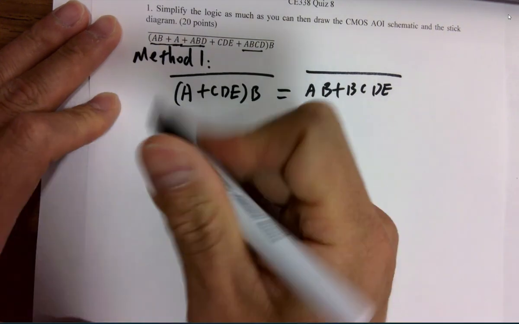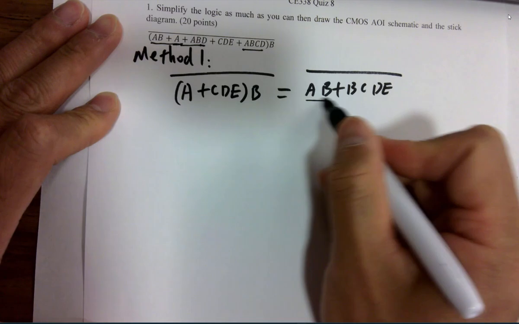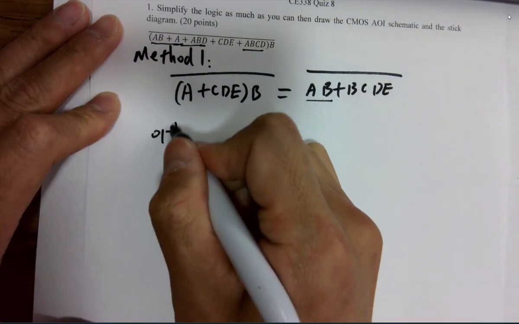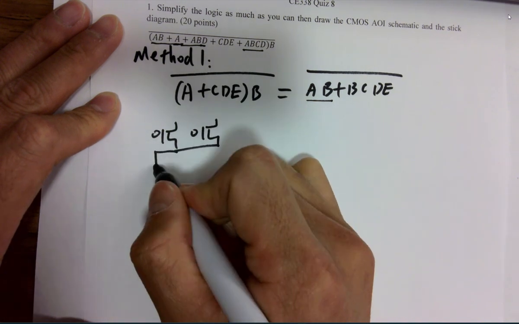But looking at this one, you can do A, so AB will be in parallel. And then you got 4.